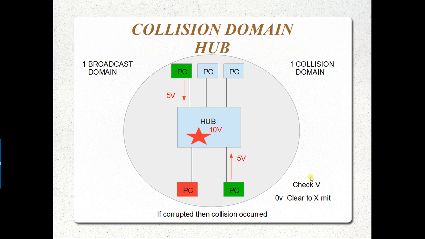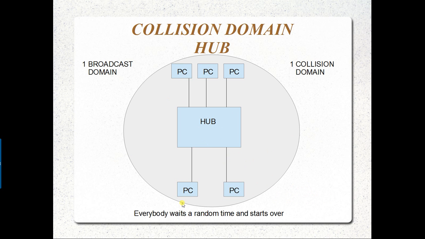So you check to see if the data is corrupted. If it's corrupted by seeing this 10 volts, then you know that a collision occurred. At that point, everybody backs off. Everybody just shuts down, quits transmitting, and waits a random amount of time and starts over.